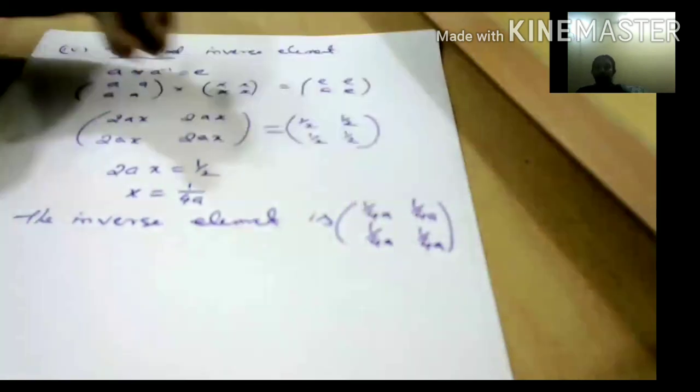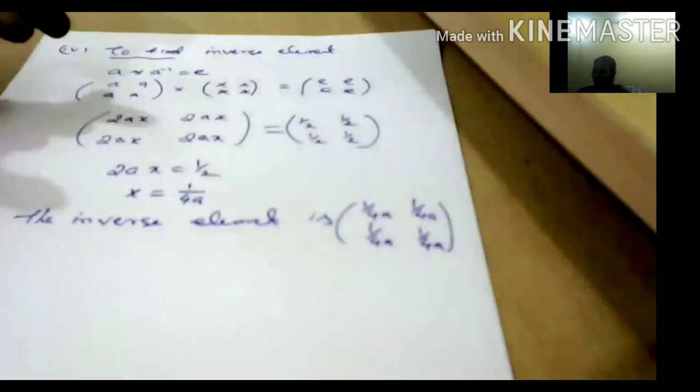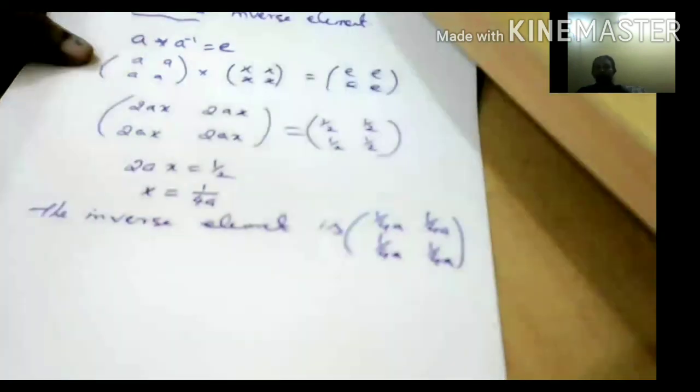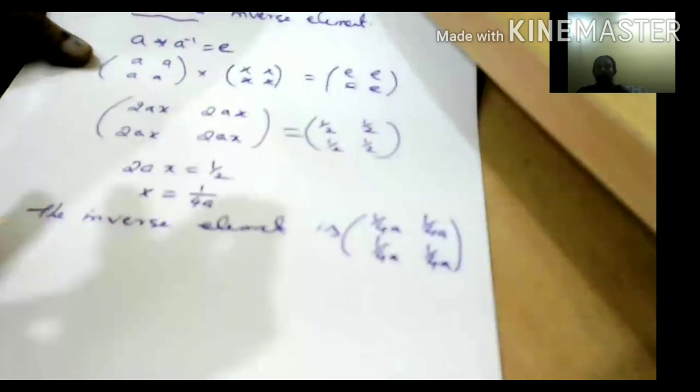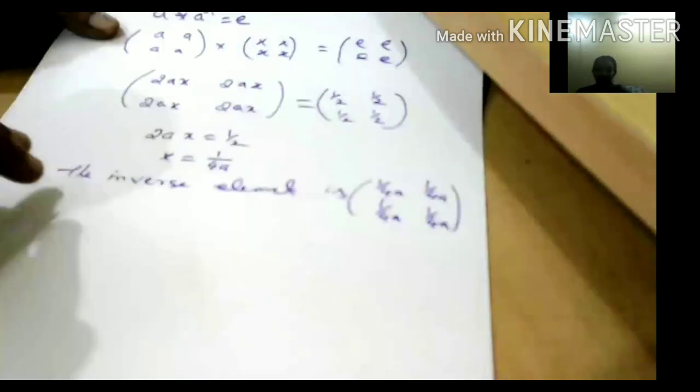So you get the inverse element of the matrix 2, 2, 2, 2. Using this 1 by 4A matrix, you can write the inverse element of all matrices of order 2 by 2 having the same elements. This way we are finding inverse elements.